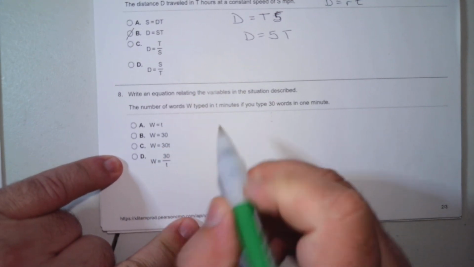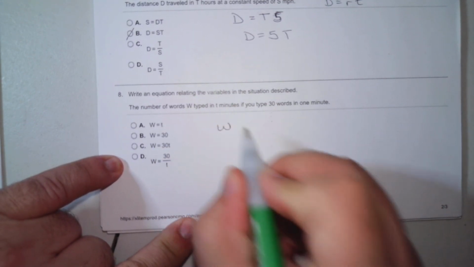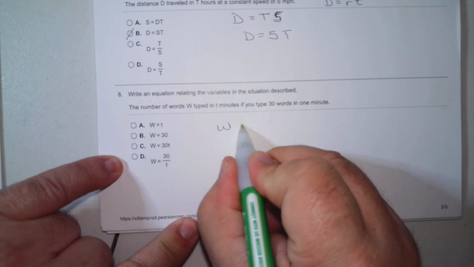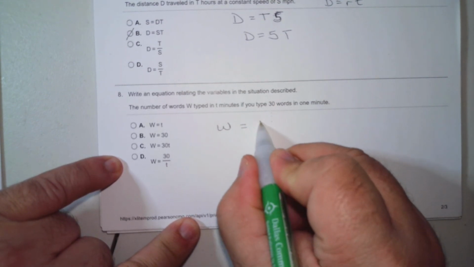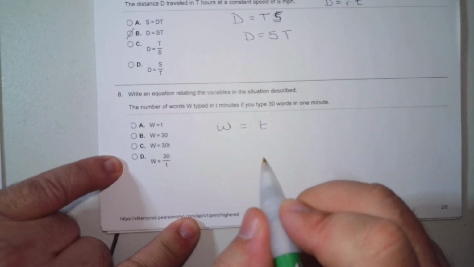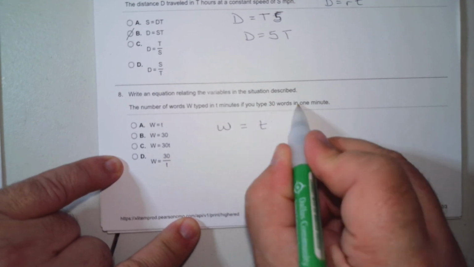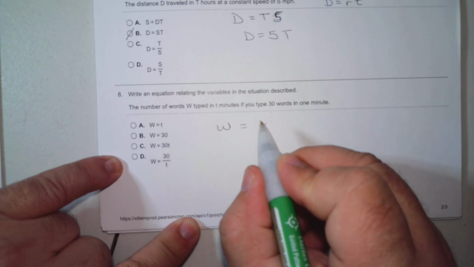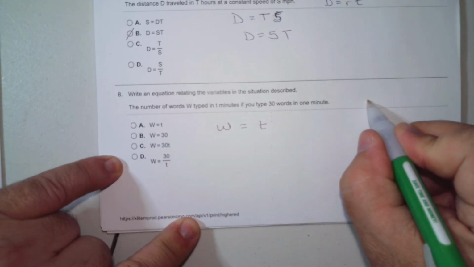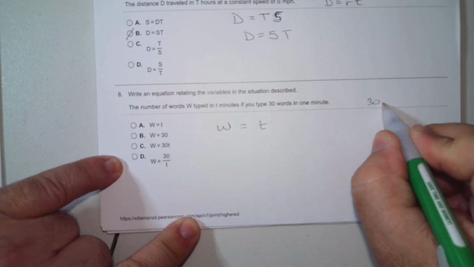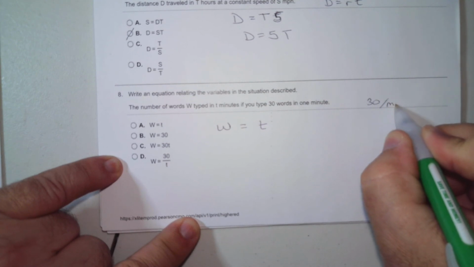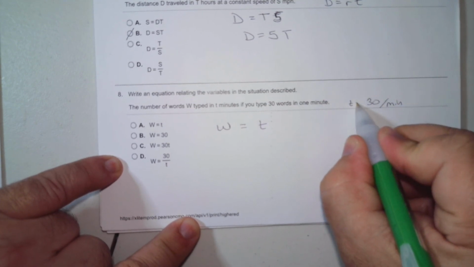The number of words W typed in t minutes if you type 30 words in 1 minute. So if you type 30 words per minute, that's your time.